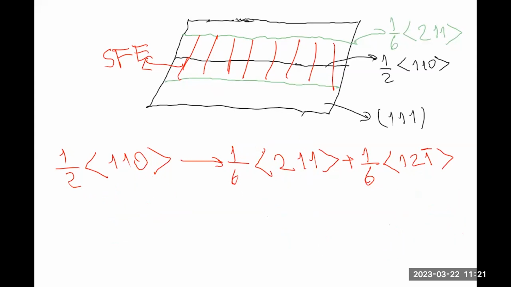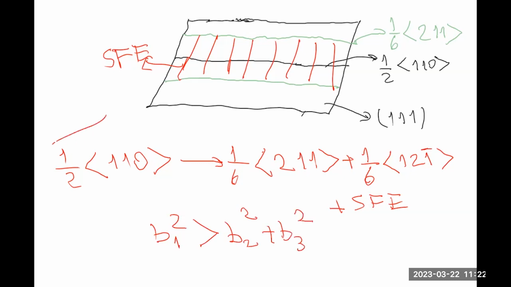And the penalty that we pay is stacking fault energy. We are checking if b1 square is greater than b2 square plus b3 square.